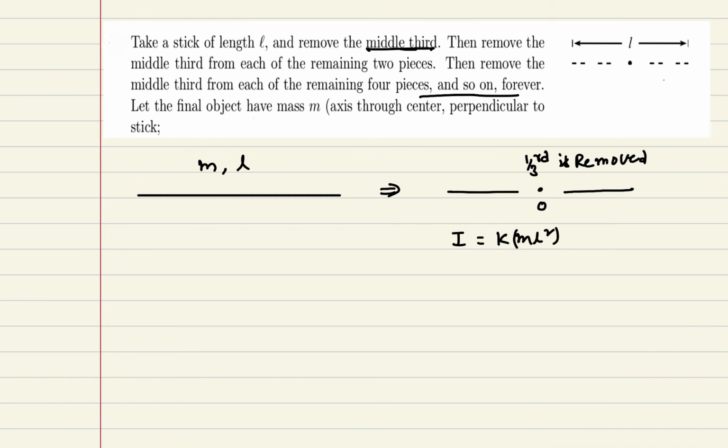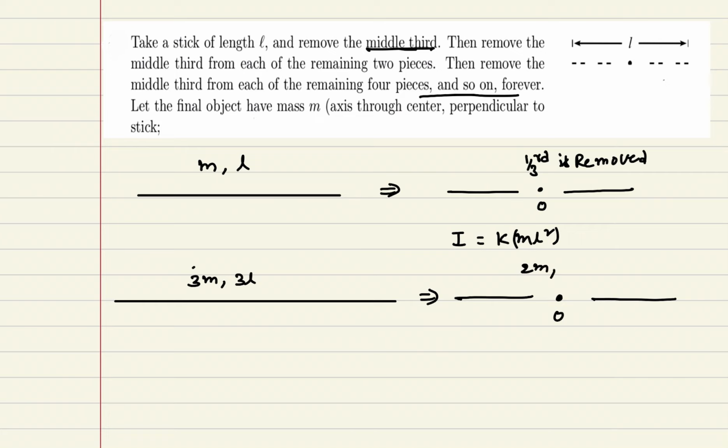Next, I am taking another symmetrical rod, having mass 3m, length 3l. Now if I remove the middle mass from this rod, let us consider this is the point O. My new mass is 2m, as length l of the rod is removed here.